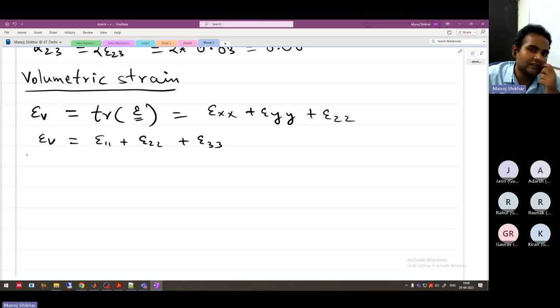So volumetric strain does not depend upon the line element we are taking, because if you remember from our past discussion, the trace of any matrix is one of the invariants. It does not change with change in the form of matrix representation. So epsilon V will not depend upon the line elements you are taking.